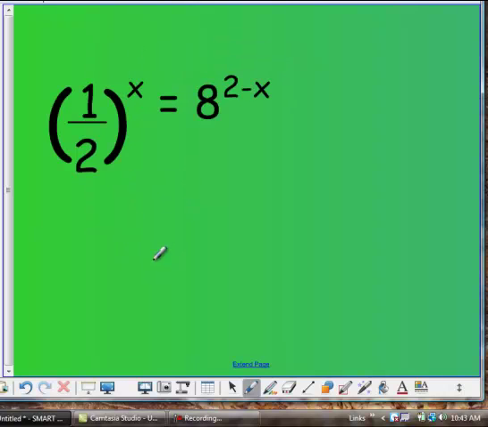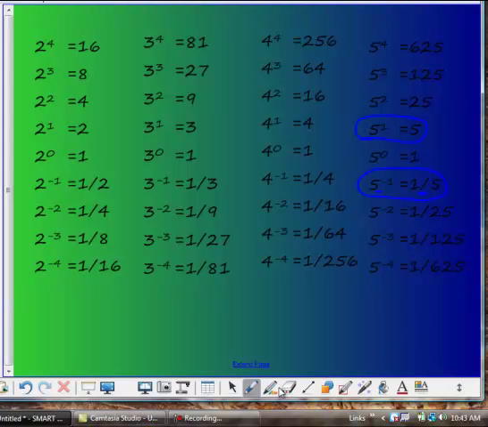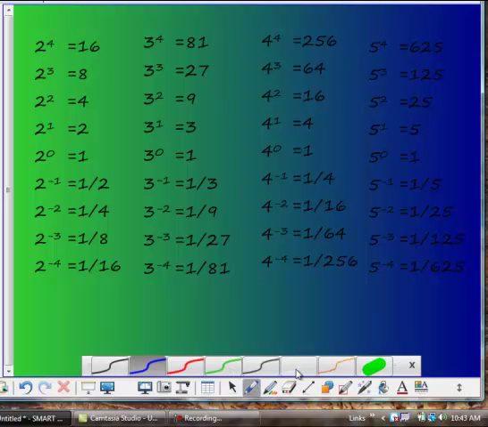All right, here we go. 1/2 and 8. We've got to write them in like bases. So I'm going to come to my last page, and I'm going to look for 1/2, and I'm going to look for 8. Over here is 1/2.